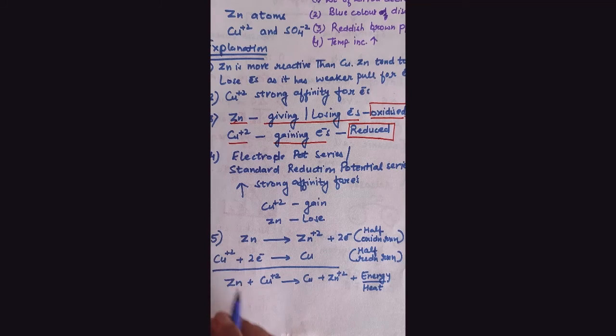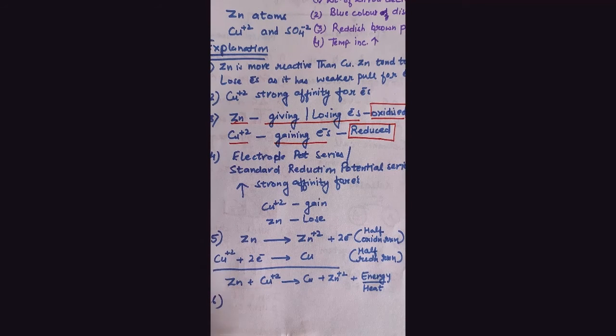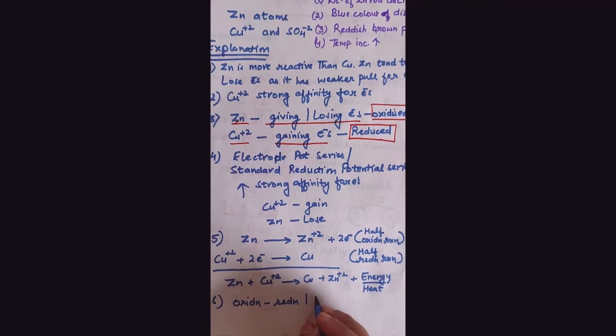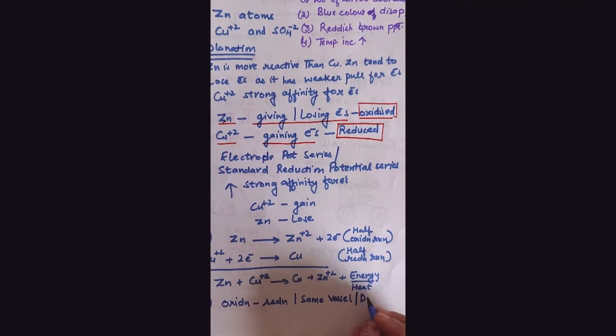This type of reaction, where the oxidation reaction and reduction reaction take place in the same vessel, we call a direct redox reaction.